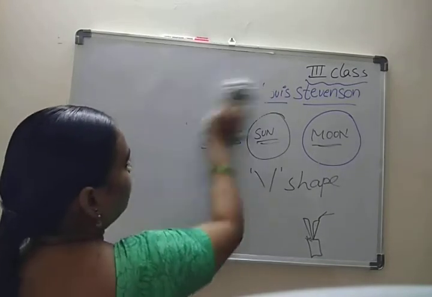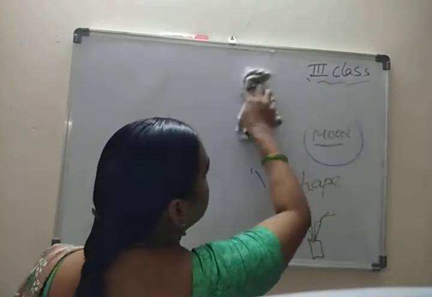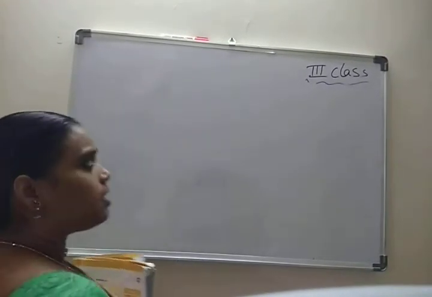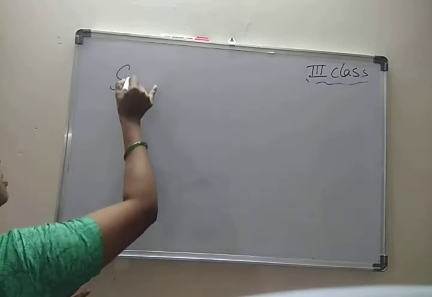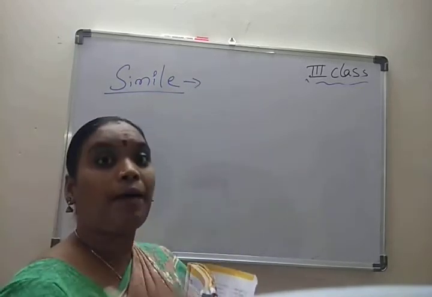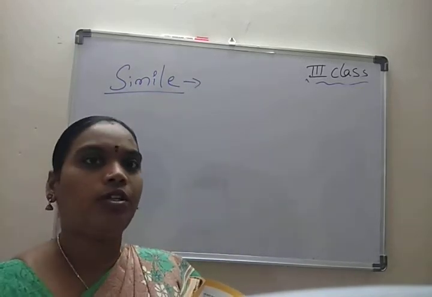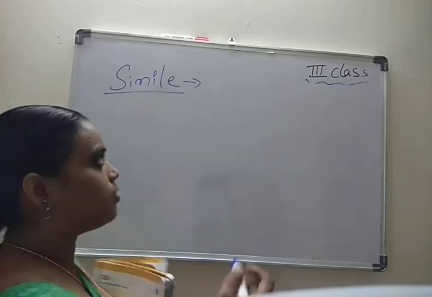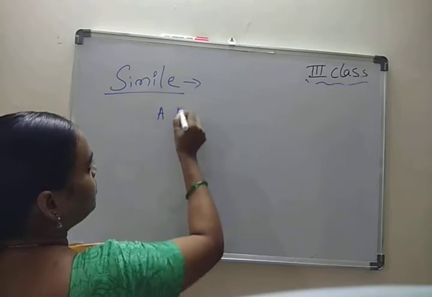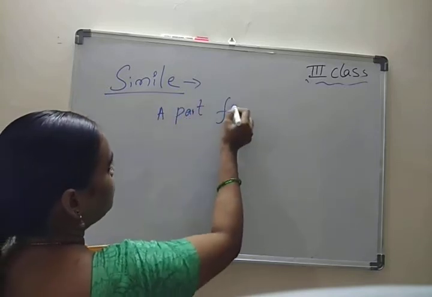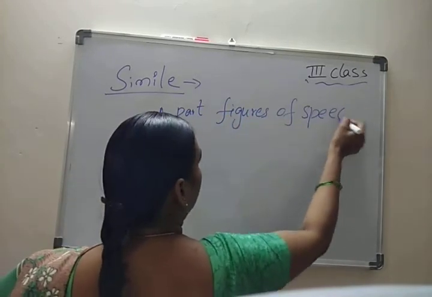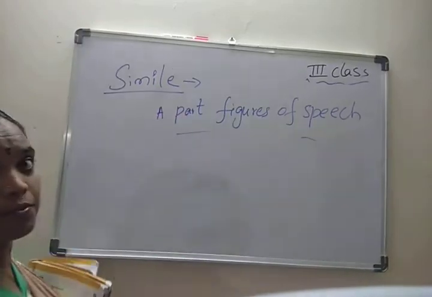Now coming to, what is the simile? After this poem, the simile is there. What is meant by simile, ma'am? Simile is a comparison form. We use it in prose and parts of speech to give effect to the language, the effectiveness of the language. This is one part of figures of speech.